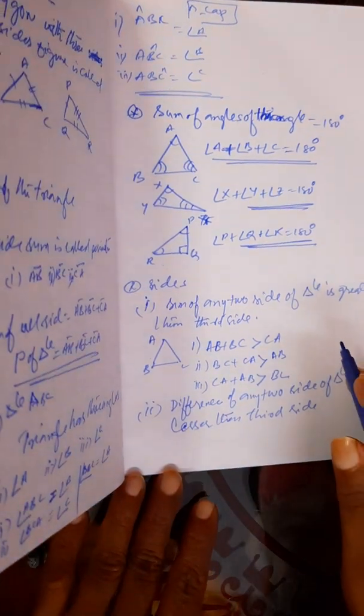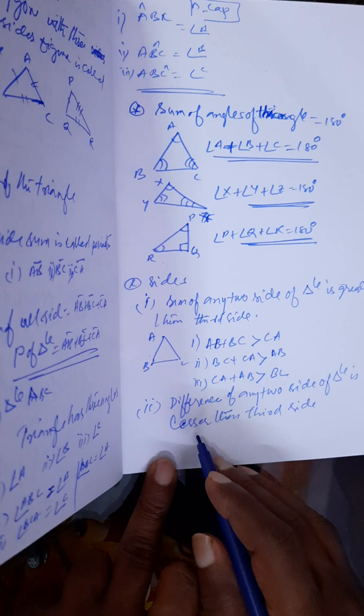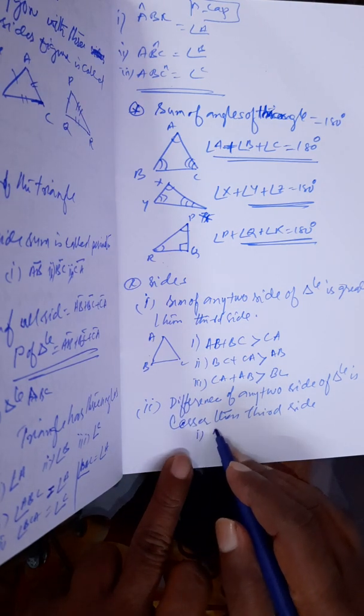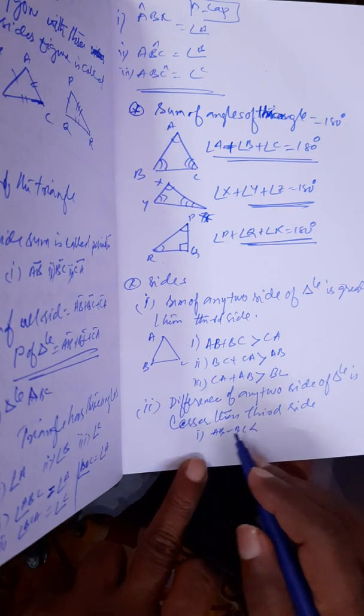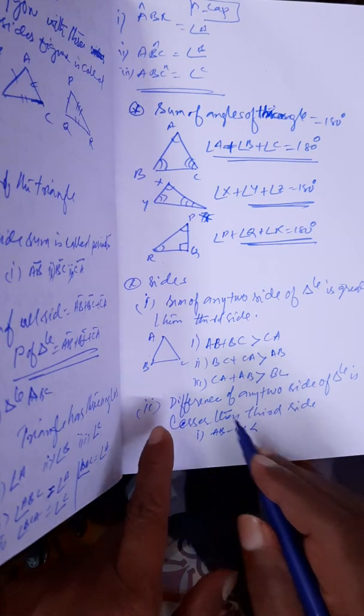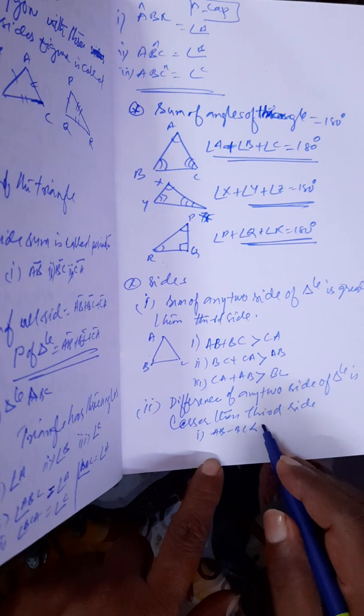Again, three conditions you have here. First condition, difference means if you are subtracting AB minus BC, the difference should be less than the other side, CA.